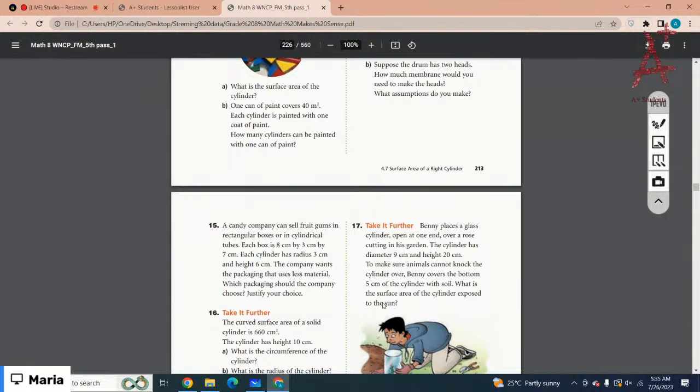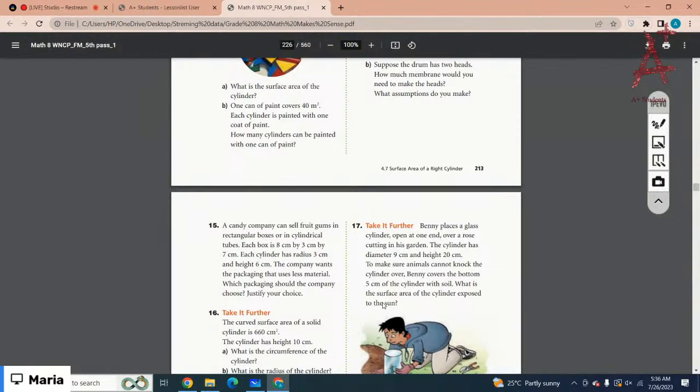Okay, just calculate the area of the rectangular box. The area of the rectangular box would be 8 times 3 times 7. Let me just calculate.